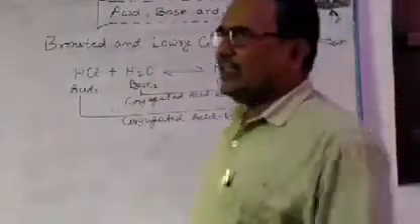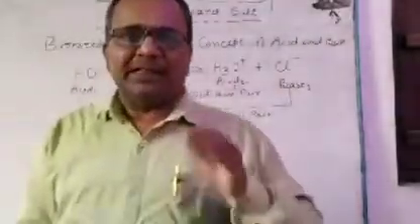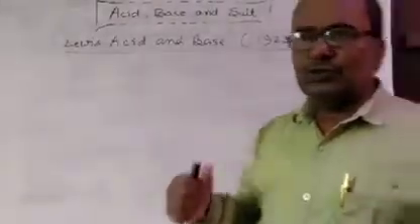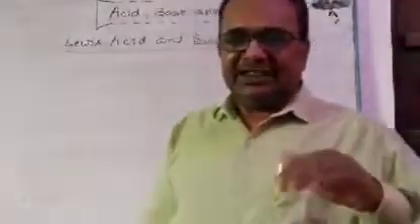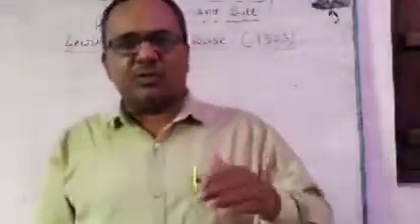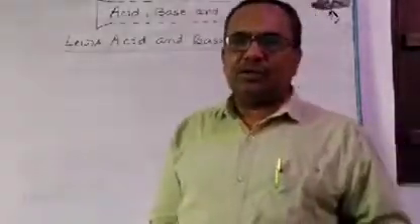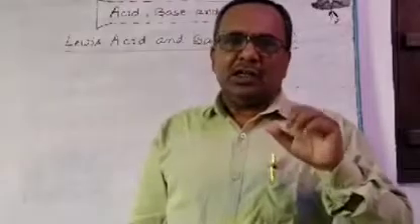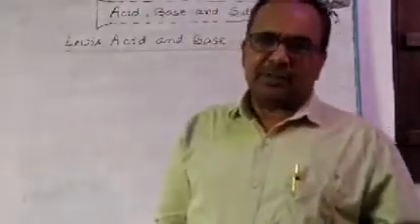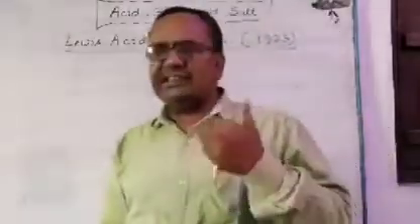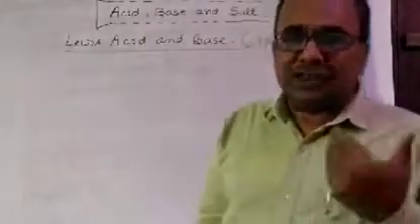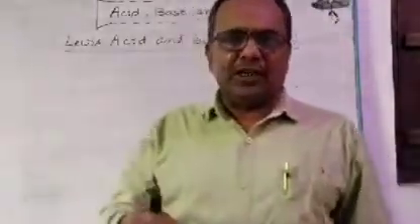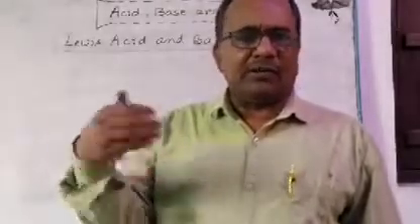Now we have to study Lewis concept of acid and base. According to G. N. Lewis, acid is that electron deficient compound which has tendency to accept a pair of electrons, whereas base is that electron rich compound which has capacity to donate one lone pair of electrons.